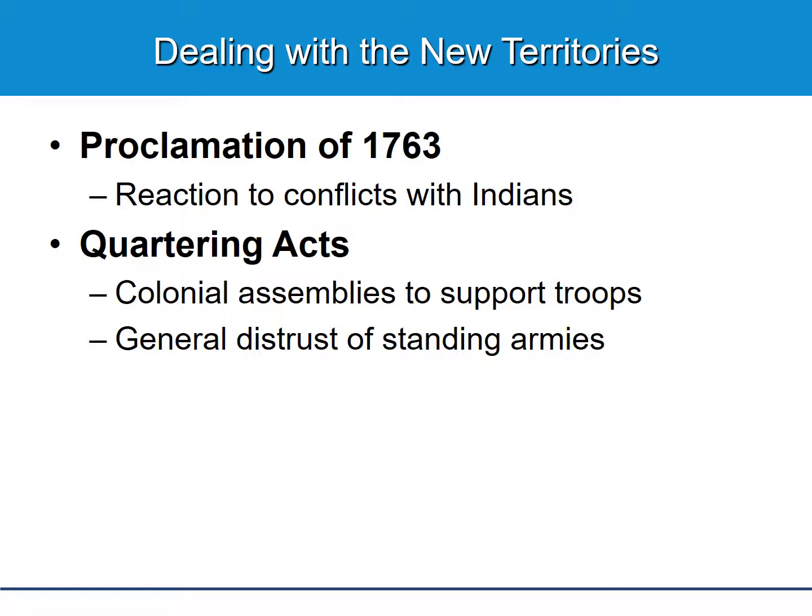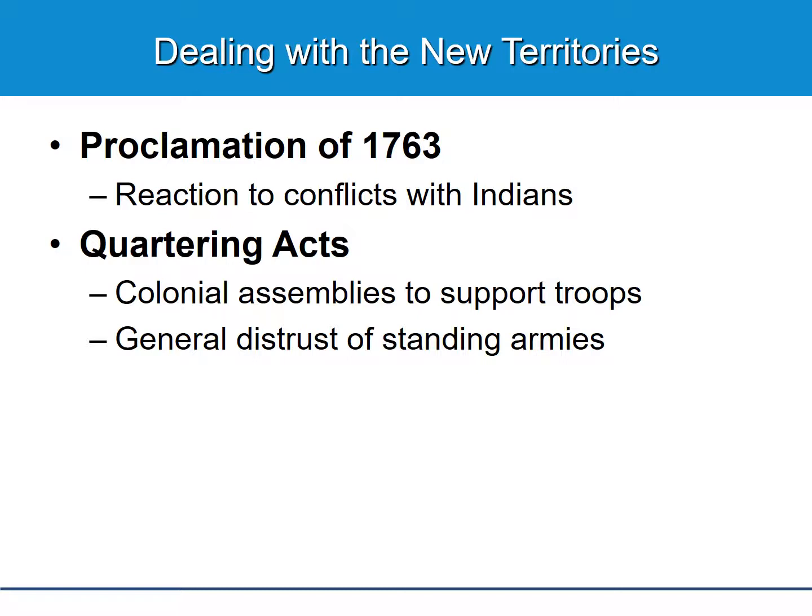These are not the first Quartering Acts placed on the colonies. And quartering was something that was done very commonly in Europe during this time. Basically, what it meant for the colonies was that the colonial assemblies had to vote money to support the troops. Rarely did it mean that the troops actually lived in people's personal homes.